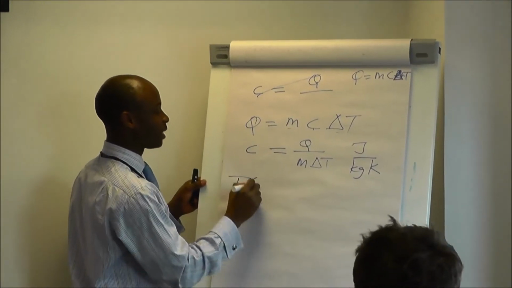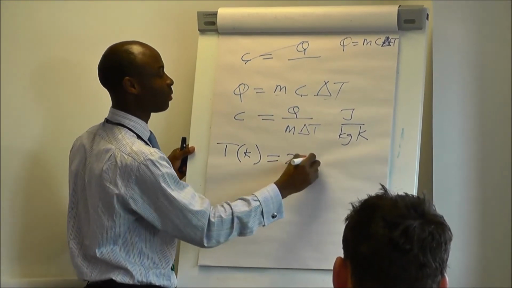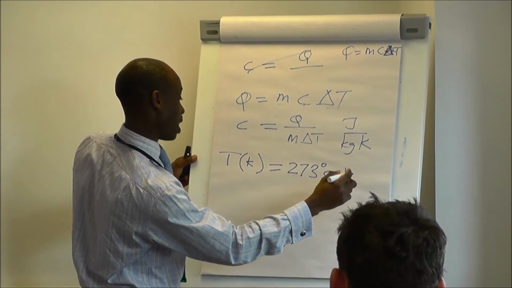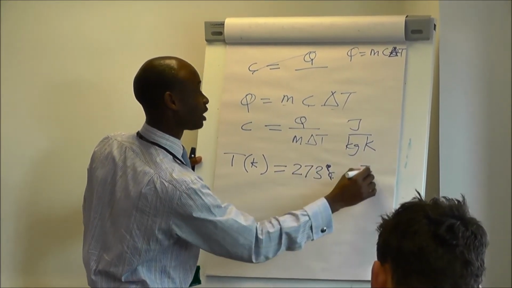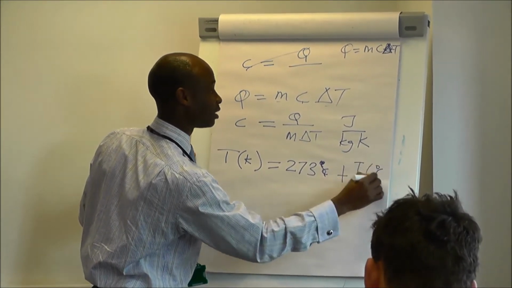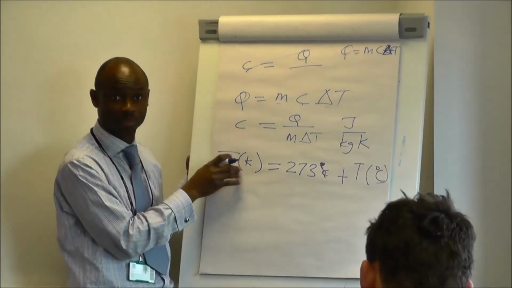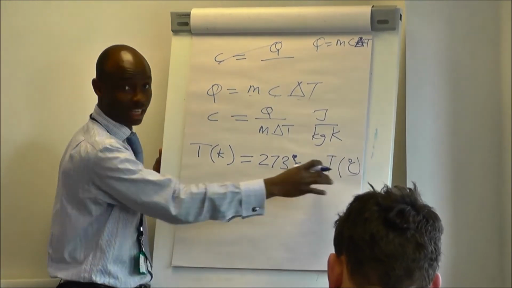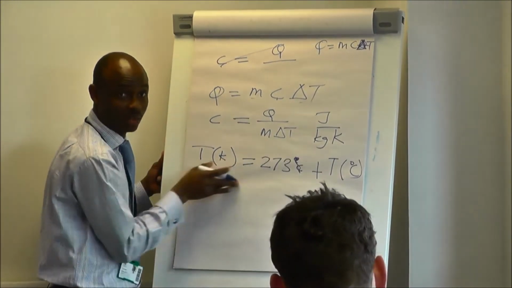The conversion factor is that your temperature in Kelvin is equal to 273 plus your temperature in degrees Celsius. This line you see here is the conversion factor.